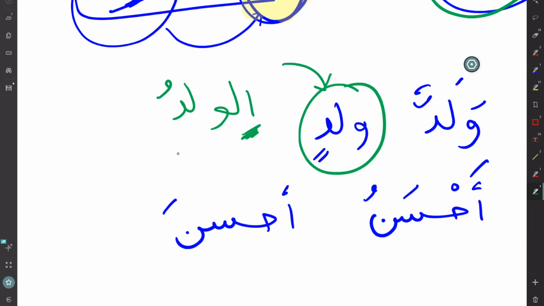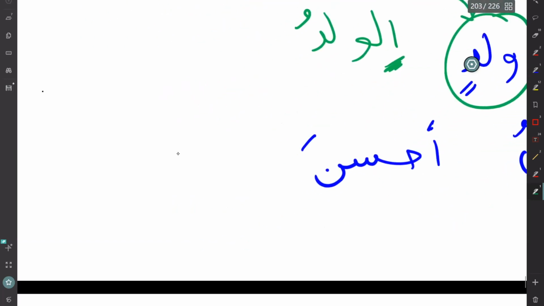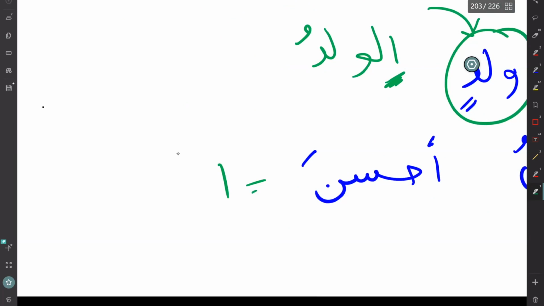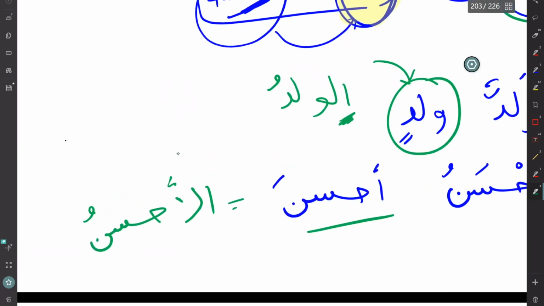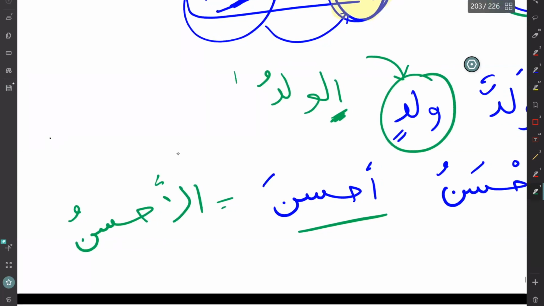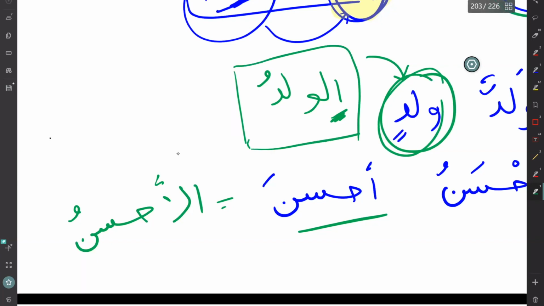You understand? So now, what happens when you add alif lam to ahsan? Al-ahsan, it's the same situation. It cannot accept tanween. So what's happening is that waladun, a standard pure noun, after adding alif lam, cannot take tanween itself. Same thing as the mamnu min as-sarf.